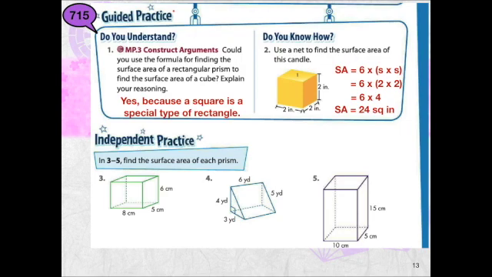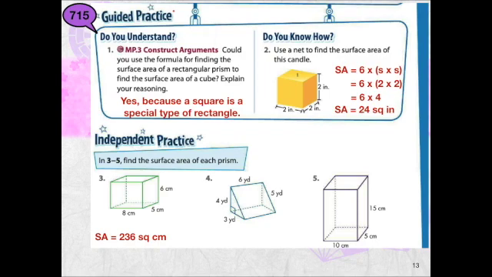Okay, so I suppose you already used your extra sheet of paper for answering questions 3 to 5. So let's have the answer for number 3. This is a rectangular prism. So the surface area is 236 square centimeters. Check your work. Okay, number 4.